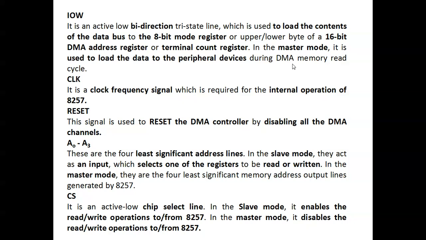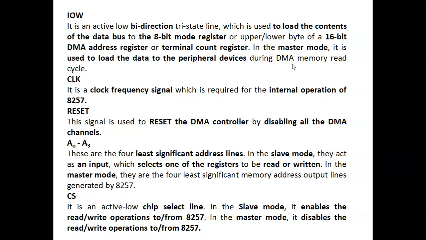They select one of the registers to read and write in master mode, and chip select line is for slave mode. In slave mode it enables read and write operations to or from the 8257.